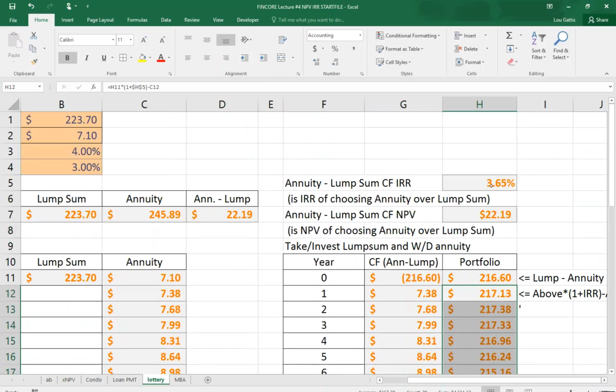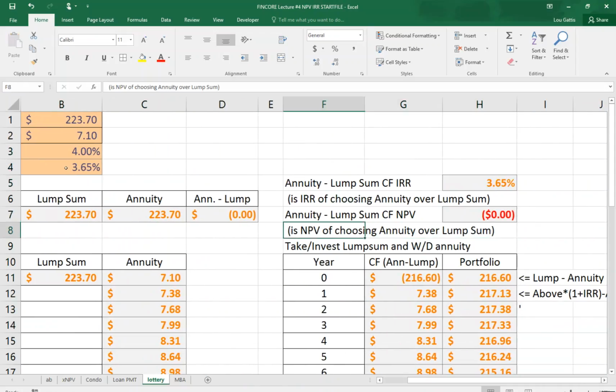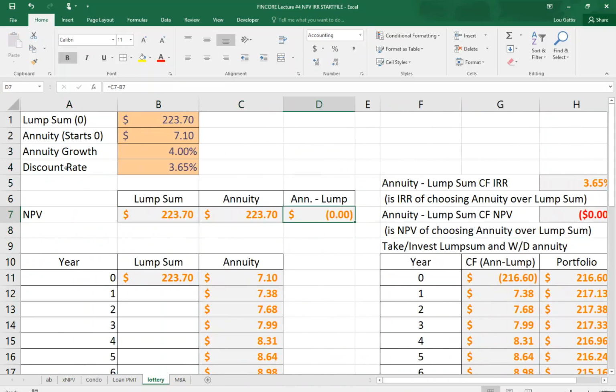And what the IRR actually means, the IRR of this column says it's 3.65. What that means, if my discount rate were 3.65, and I'm just going to copy this as a value, copy, Alt HVV and paste it as a value. Notice that I'm indifferent between the two at a discount rate of 3.65.